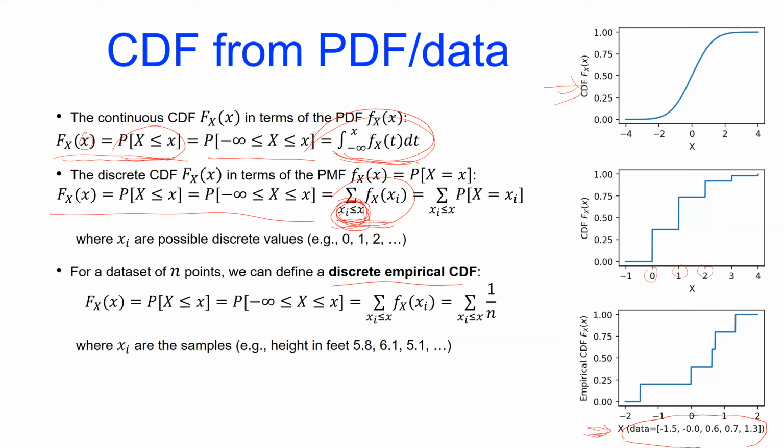If I have 5 values, each single value will contribute 1/5 probability. And the second is we need to sort those values from small to large, and then start to count and add accordingly. So this is a general procedure, and we will see how this proceeds.